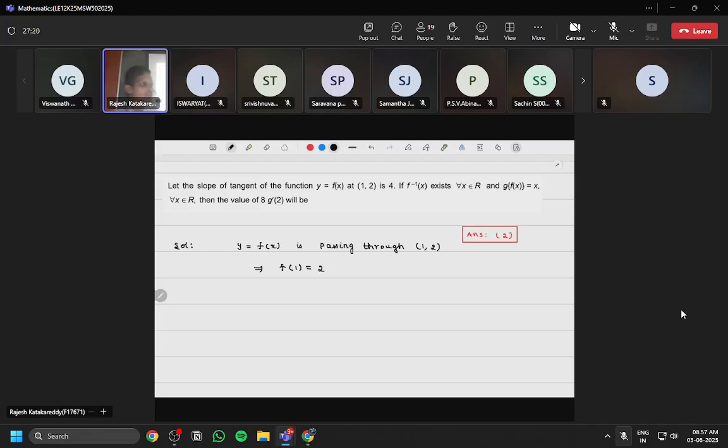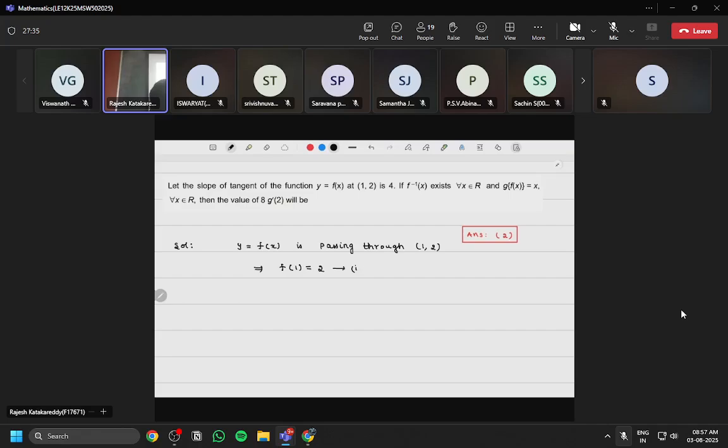They have given the function value at 1. Do you understand this? Any doubt in this? Just substitute x and y in this. Y is 2, x is 1. You will get this one. Now, let us say this is number 1.